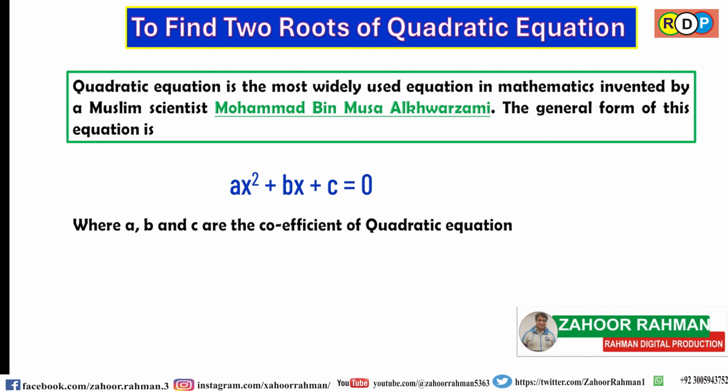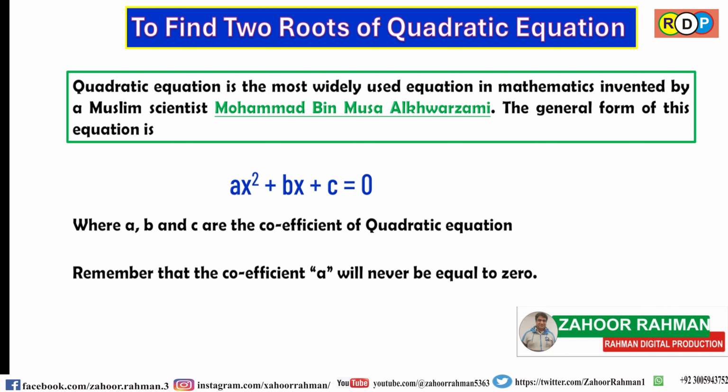Go there in my channel and see that as well, along with the physics. So these are the coefficients, and remember that b and c can be 0, but a will never be equal to 0. If it is 0, then it will not remain a quadratic equation.